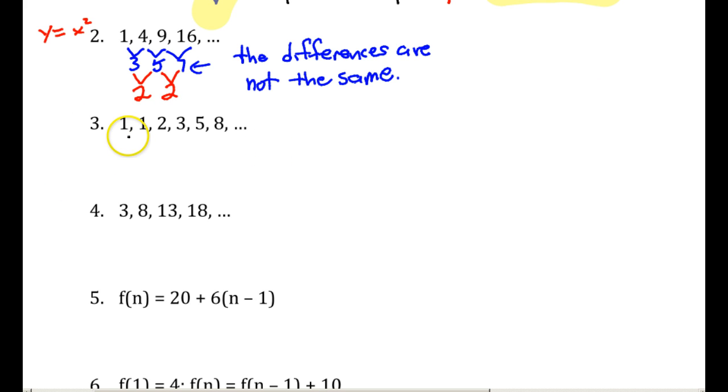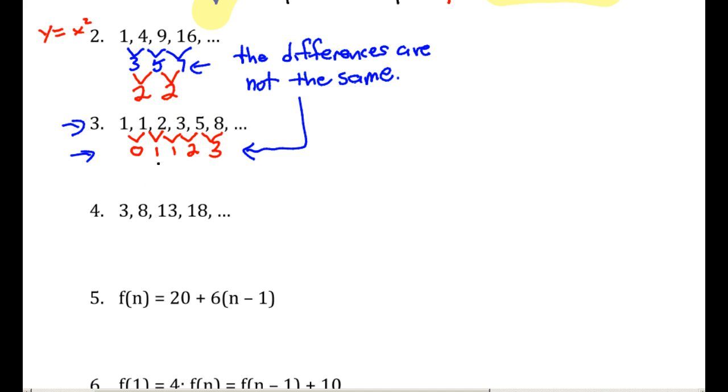Here's another special type of sequence. It's not arithmetic, but what do you notice about the differences and the sequence itself? Don't overthink it. Yeah, the sequence is the same as the differences. 0, 1, 1, 2, 3.